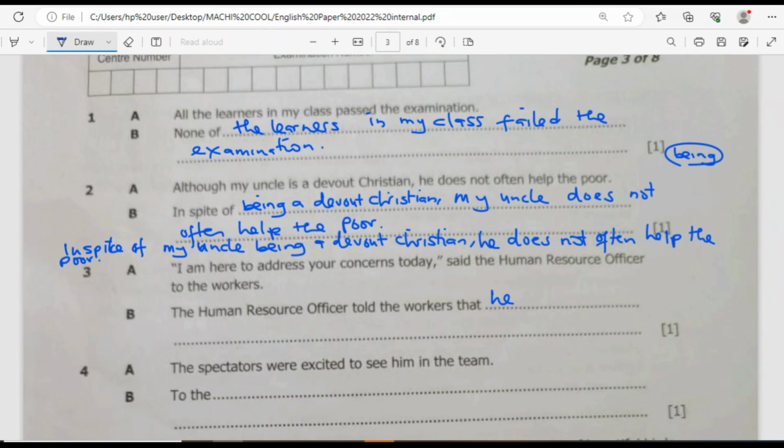So we're going to say the human resource officer told the workers that he or she was there to address their concerns.